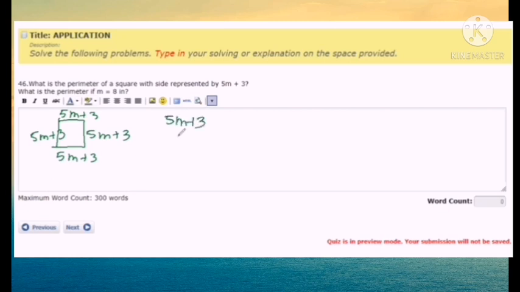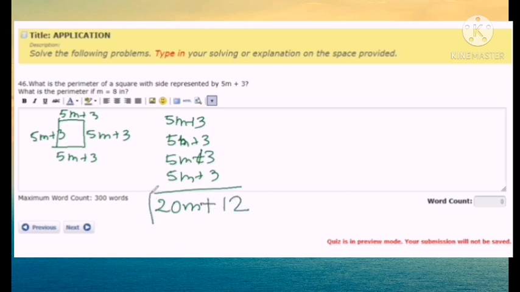So I will add 5m plus 3, 5m plus 3, and so on for 5m plus 3. 5 plus 5 is 10, plus 5 is 15, plus 5 is 20, so I have 20m. 3 plus 3 is 6, plus 3 is 9, plus 3 is 12. So 20m plus 12. This is the perimeter of the square.